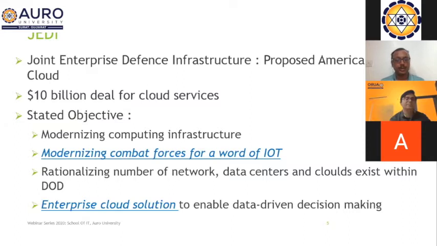Remember that the American military is one of the most advanced users of technology in the world. The whole internet, IP and everything, came because of the military. They needed some communication mechanism across the globe, and they wanted to share data across the globe. So from there it all came, like ARPANET and everything.